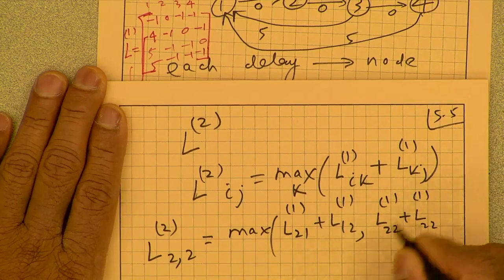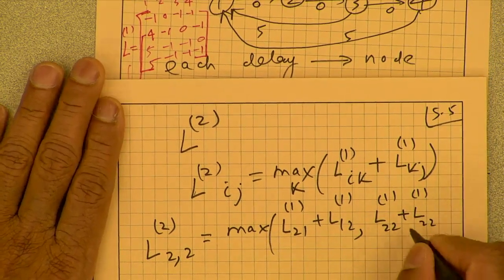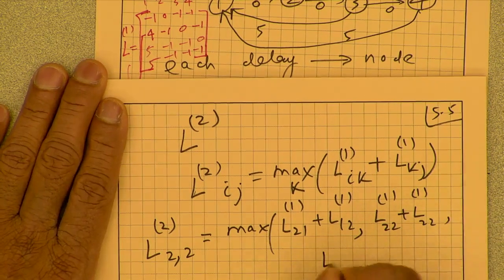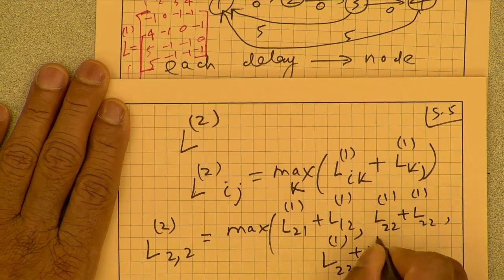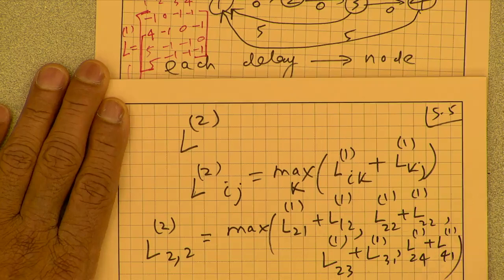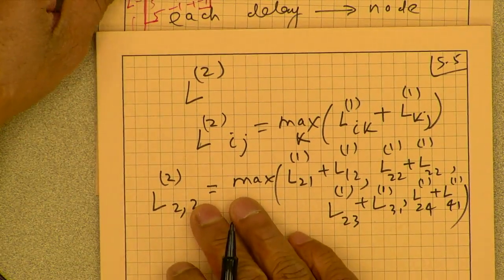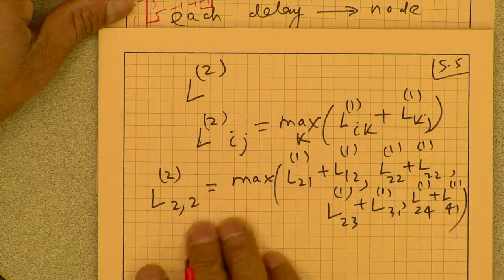So that's essentially going through a loop. If 2 to 2 is a loop, you go through that twice. Then L1 23 plus L1 31, so go from 2 to 3 and 3 to 1, and L1 24 plus L1 41, so go from 2 to 4 and 4 to 1. And in all of these, we will keep the -1 as it is, which means there does not exist a path.